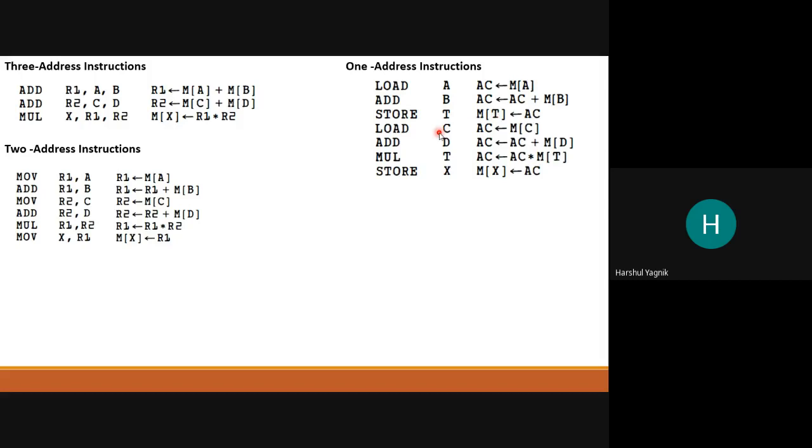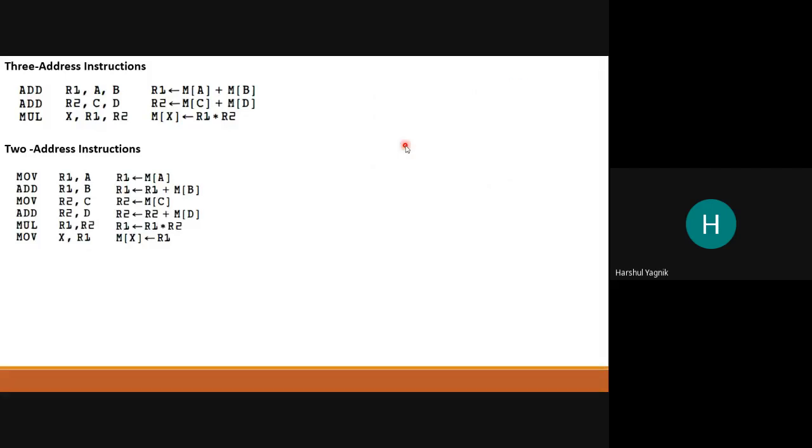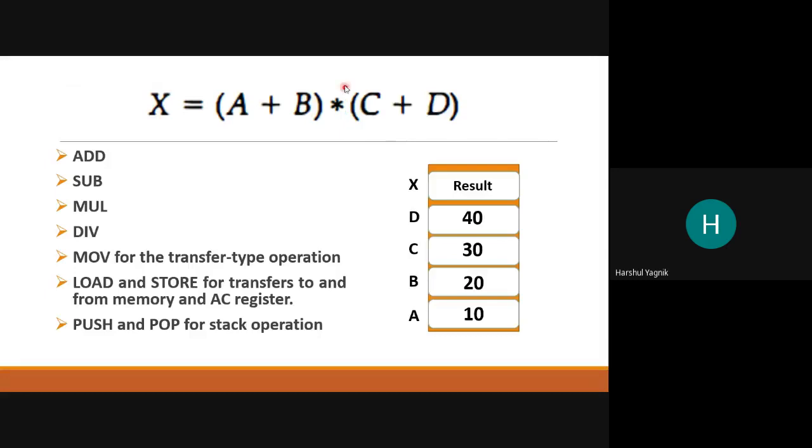Next thing, C plus D. So first load C into the accumulator, then perform addition with the operand present at the memory location pointed by address D. The result is in the accumulator. Once both additions are done, then what needs to be done? Multiplication of both results.